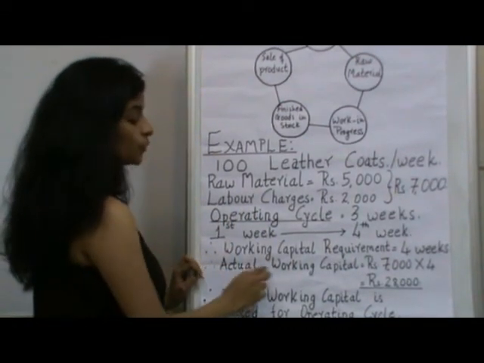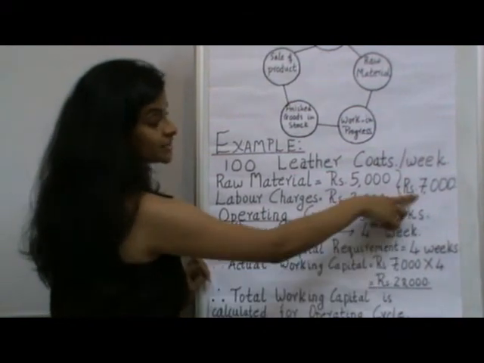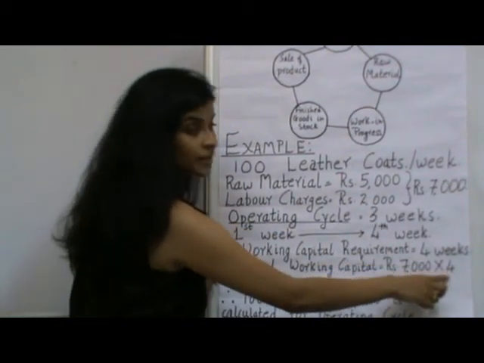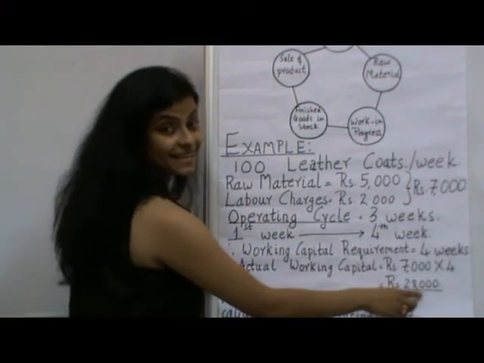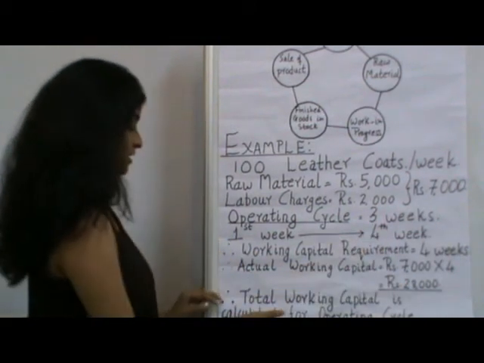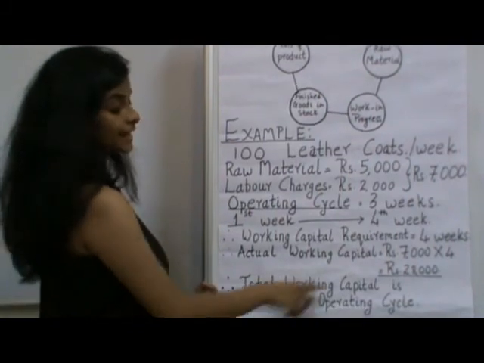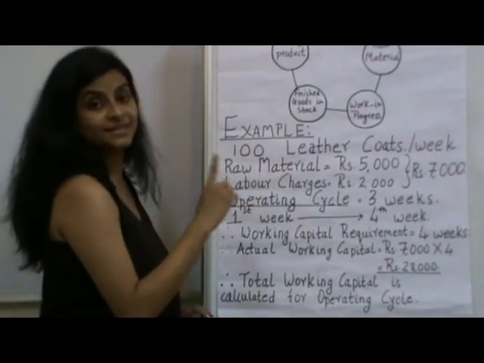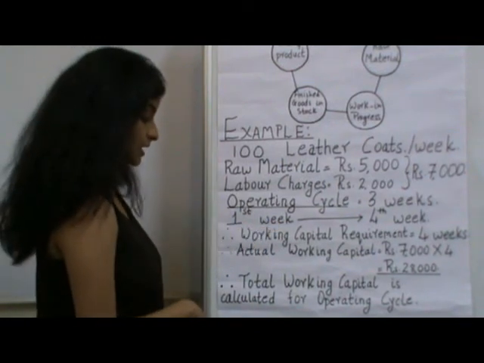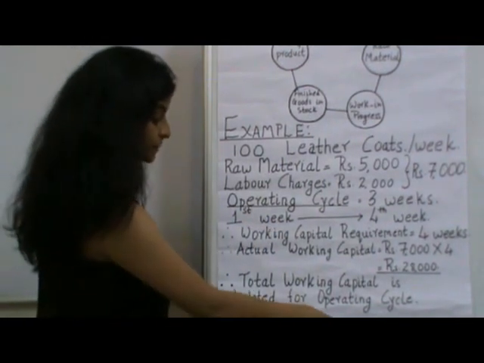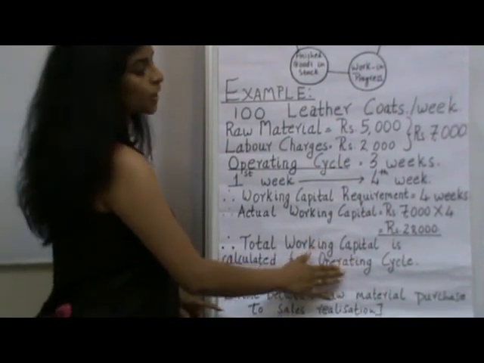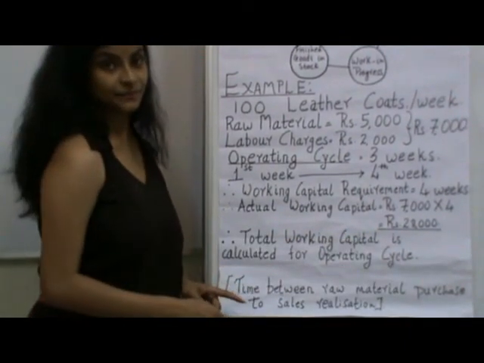So the actual working capital is not 7,000, but it is rupees 7,000 into 4 weeks, which is rupees 28,000. The total working capital is calculated for the entire operating cycle. The time between raw material purchase to actual sales realization is one operating cycle.